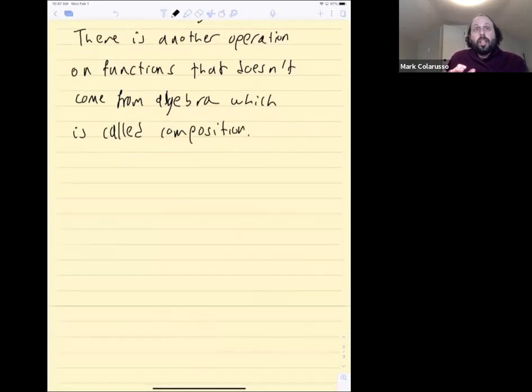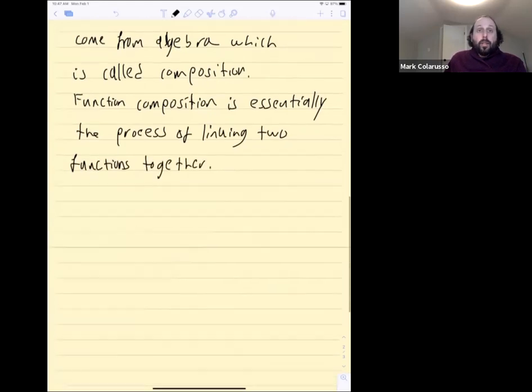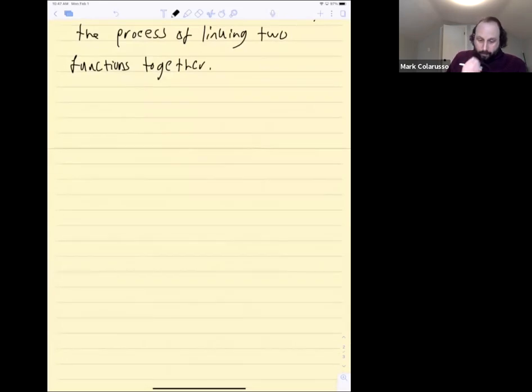So function composition is essentially the process of linking two functions together. So let me explain.